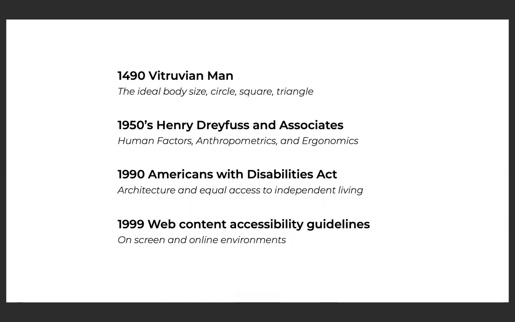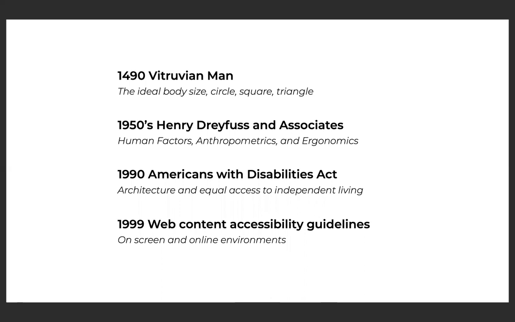And accommodations for differing abilities, the Americans with Disabilities Act, the ADA, Architecture and Equal Access to Independent Living, and beyond the built environment with Web Content Accessibility Guidelines, on-screen and online environments.